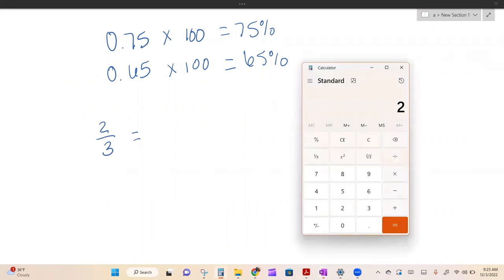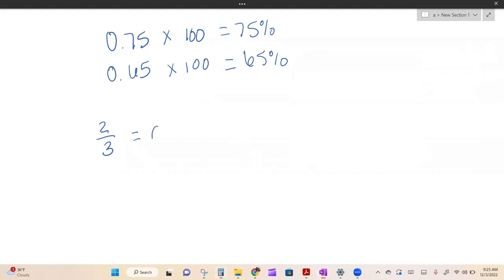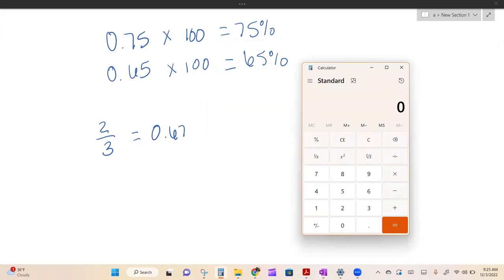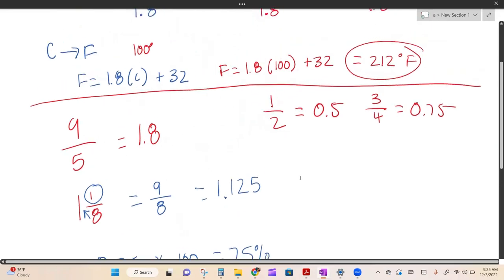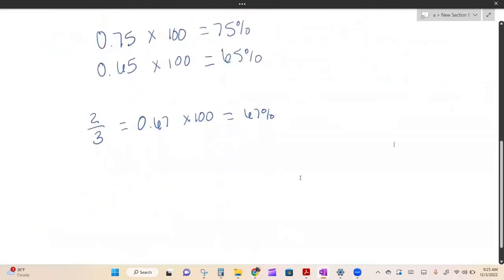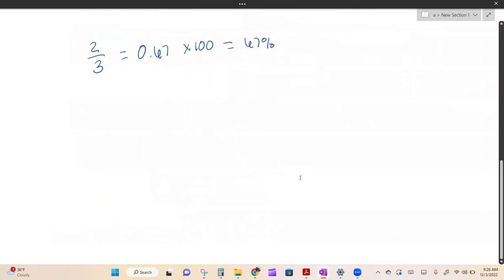So we're going to go 2 divided by 3, which gives us 0.67, we'll say, for rounding, which we'll talk about next. And then we are just going to multiply that by 100. So first you take your fraction and turn it into a decimal, and then you get the percentage by multiplying by 100.